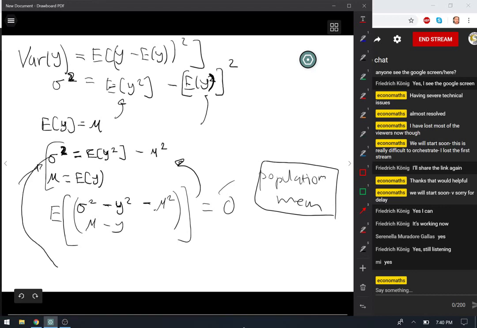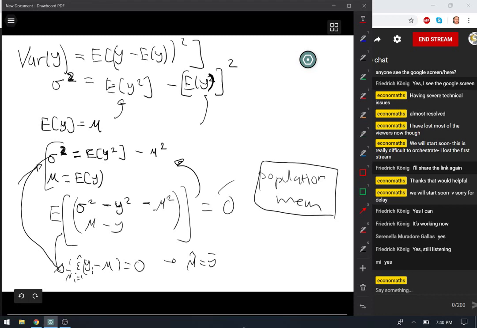The sample version of this is that we have the average of y minus mu, 1 over n, sum from i equals 1 to n, equals 0. That's the sample analog of this one here. This is solved at mu hat equals y bar.